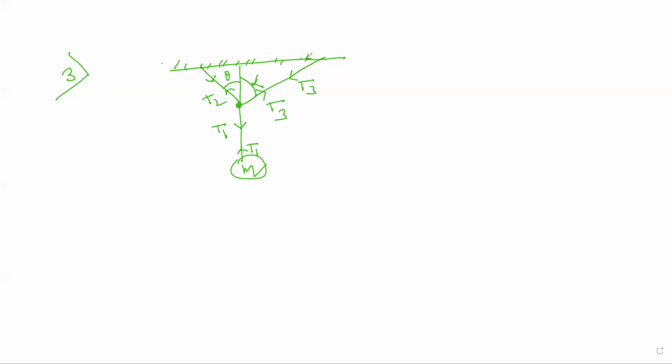Since our whole setup is in static equilibrium, sigma Fx is equal to 0 and sigma Fy is equal to 0. The component of T3 in the horizontal direction is T3 sin alpha, and in the vertical direction it is T3 cos alpha.